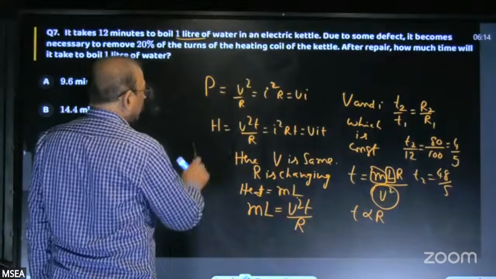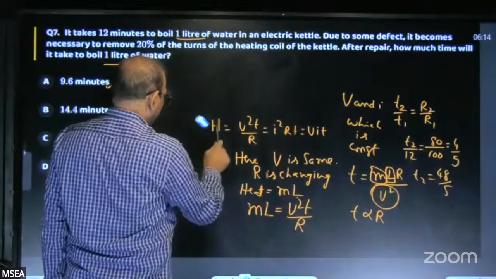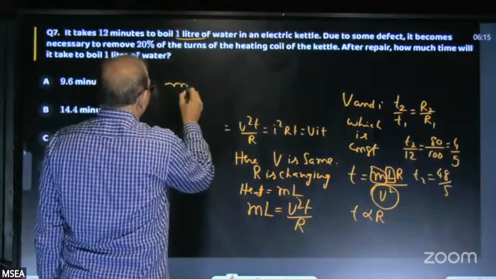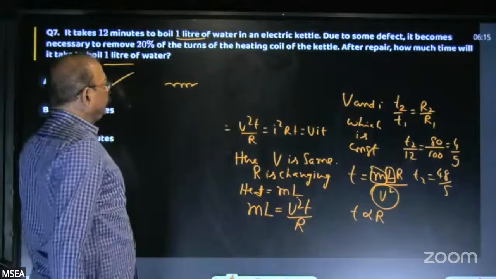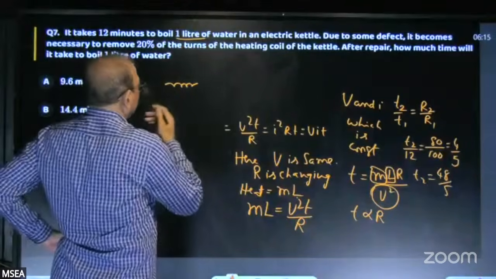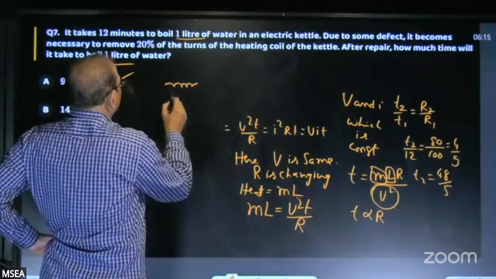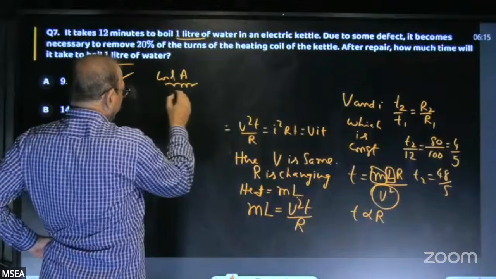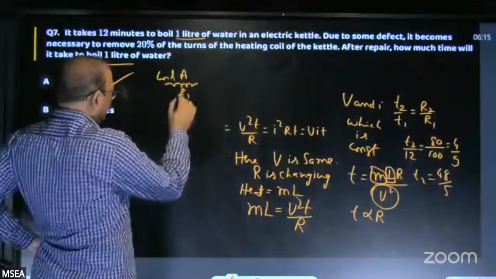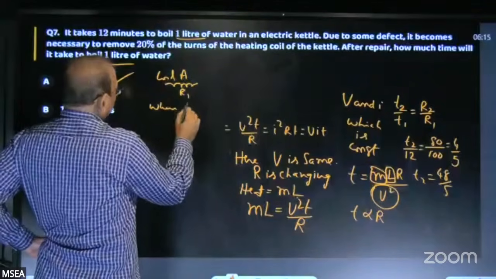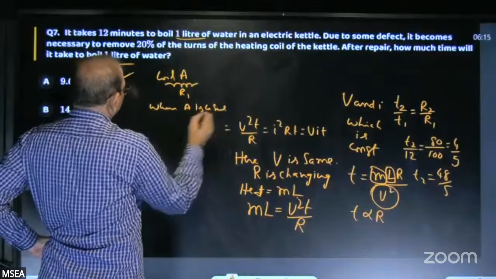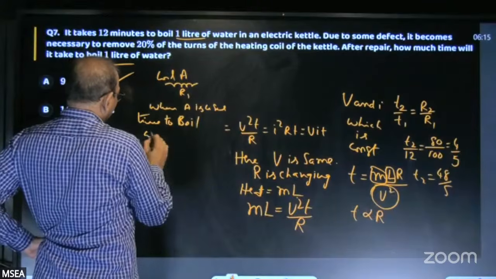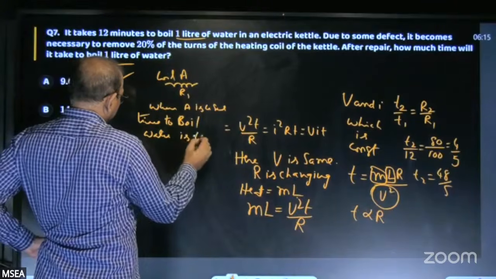Now, some points briefly I want to tell you about this power. See, one single coil, coil A, when it is of resistance R1, when A is used, time to boil water is T1.